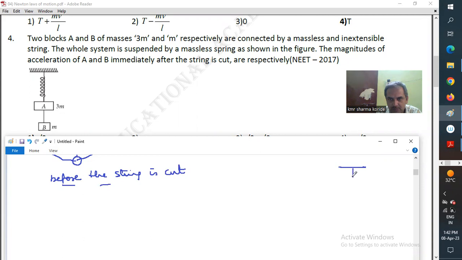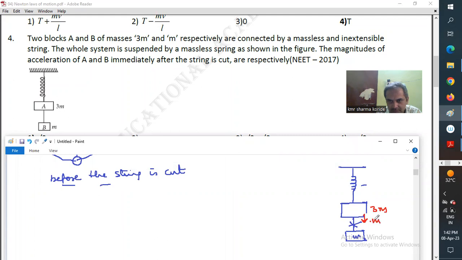So this is the rigid support. This is the spring. So there is a string here. This is spring. This is string. So the string is connecting m. If this is cut, so before cutting, this is 3m, its weight acts vertically downwards.